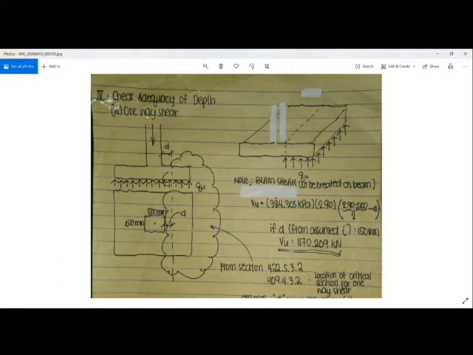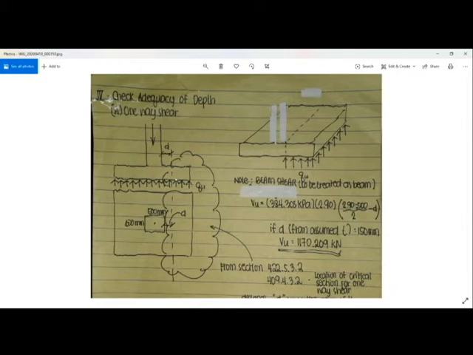And you know that we are designing the base, or I'll rephrase that. We are going to assume that there's a factored load acting on the column, which will be transferred on the footing. From the footing, it will act on the soil, and at the same time the soil will act back also.